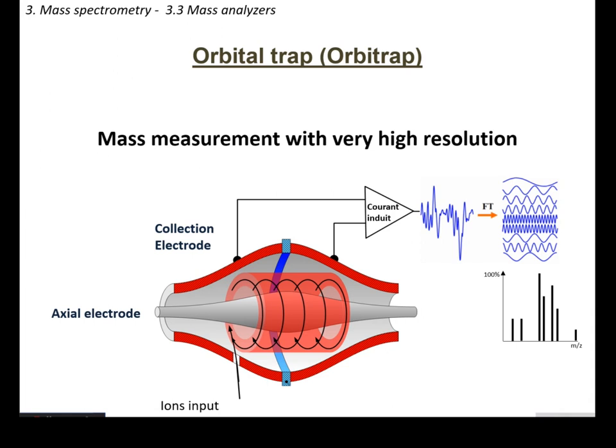Remember, this is what we want to measure. And this will be translated into a mass spectrum with high resolution. I don't want to go into too much detail, but the idea is that it's a very efficient mass spectrometer, which is almost as sensitive as a triple quadrupole, but with the high resolution of a time-of-flight machine, and even more, in fact.